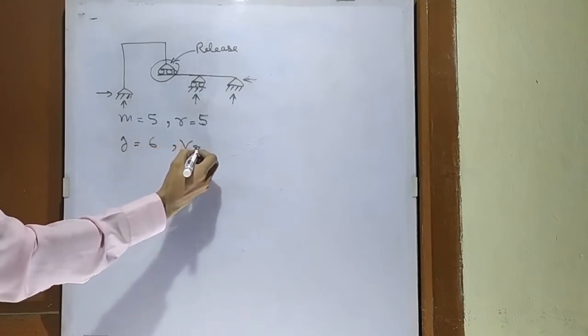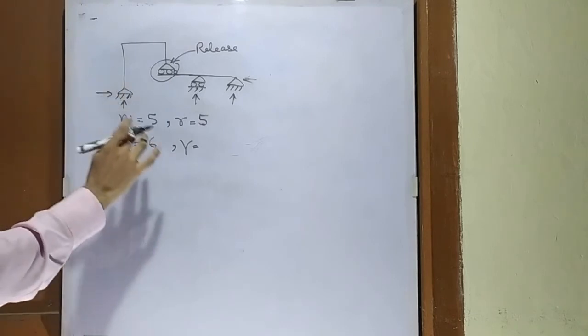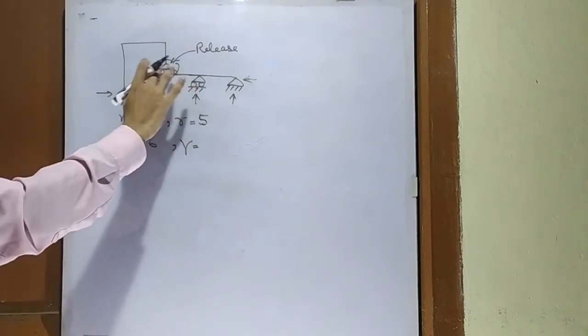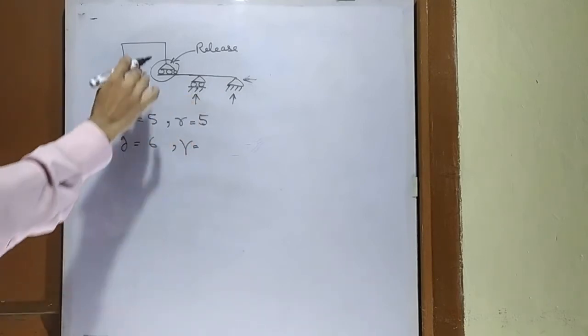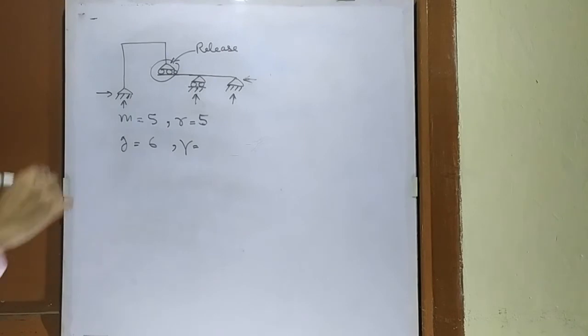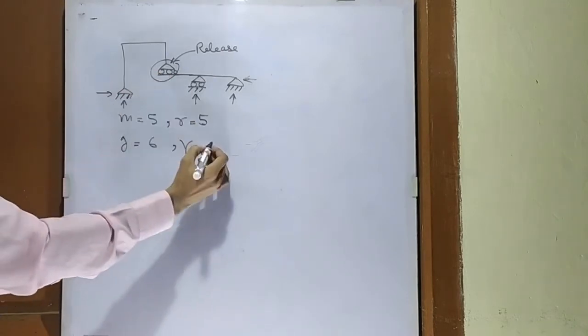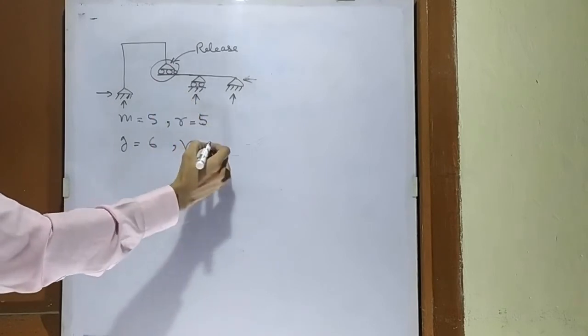And what is the number of releases? So this is a roller. In a roller there will not be any horizontal reaction because this roller can move in the horizontal direction, and also this roller cannot transfer any moment. So the number of releases will be 2. 1 is force and 1 is moment.